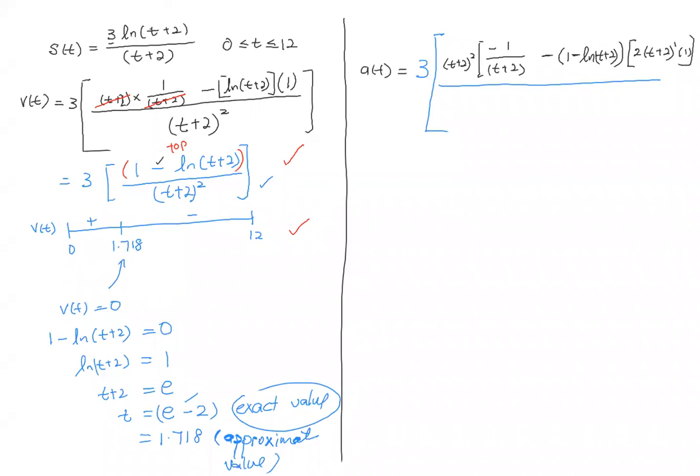Then (t plus 2), the whole thing to the power of 4. Okay, so now we can start to simplify. If you don't know, you just leave it like that. It's fine. So cancel.